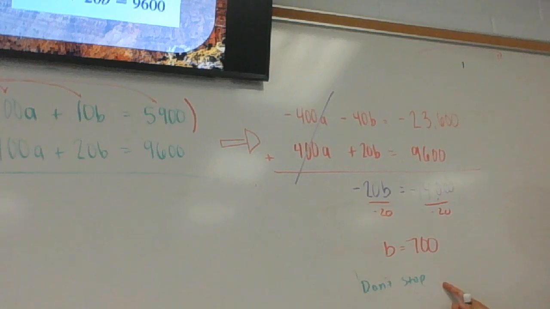Now we're going to switch and find A, and you're going to switch and find B, and it should all work out the same. If you found A first, don't stop. You have to find both variables. So here I'm going to write myself a note: don't stop, you must find the other variable.